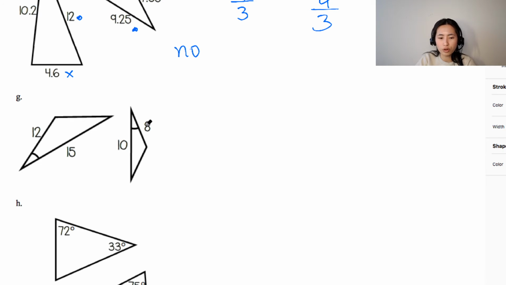If you rotate this counterclockwise, that means you're comparing 12 and 8 to see whether they're proportional or not, and you're comparing 15 and 10. Also, you have to put some common sense here, because if you have 8 and 10, you cannot say that you're comparing 8 and 15, because obviously 8 is going to be shorter compared to 10.